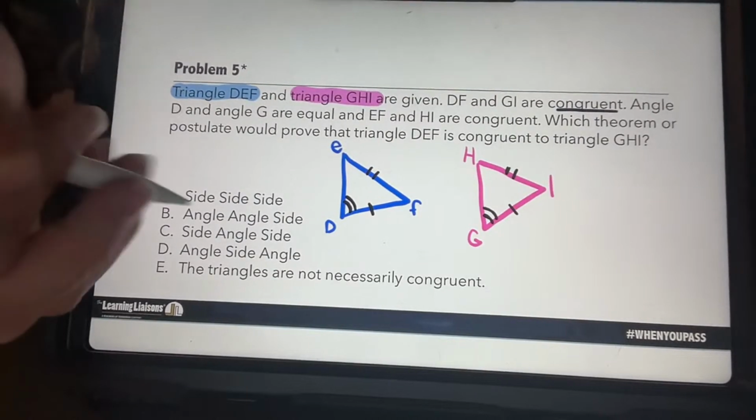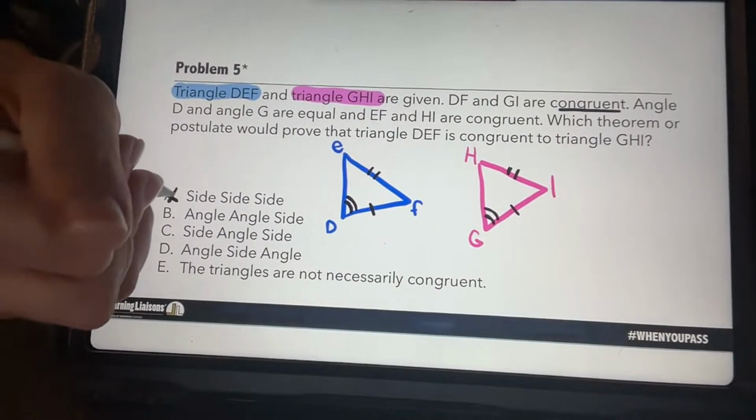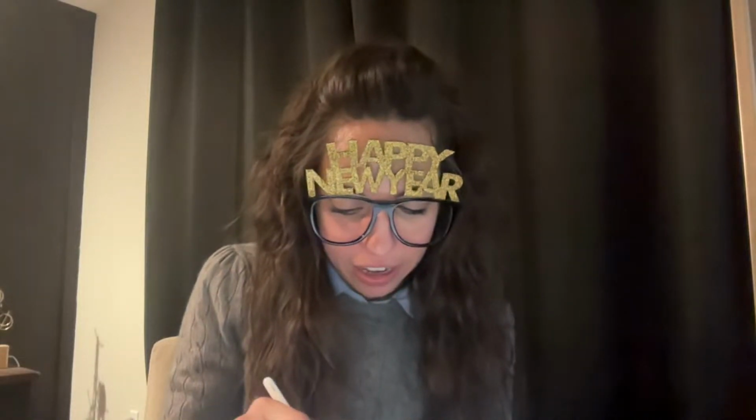So side, side, side says all the sides are the same. Side, side, side is definitely a congruency postulate.